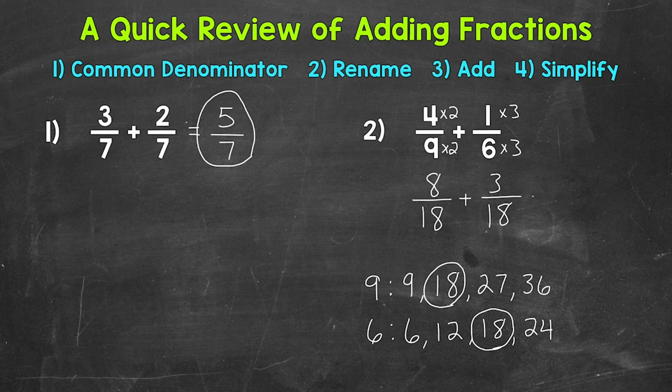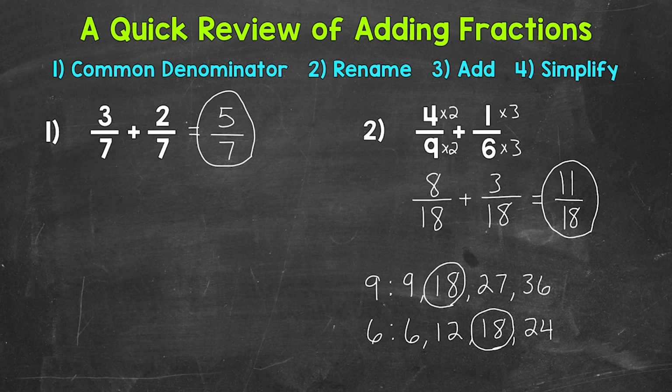Let's add our numerators. 8 plus 3 is 11. And then we keep our denominator of 18 the same. Always look to see if you can simplify. 11/18, the only common factor between 11 and 18 is 1, so we are in simplest form, and this is our final simplified answer, 11/18.